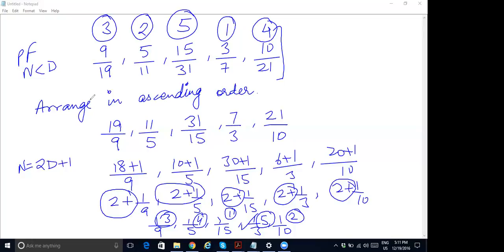So first you inverted them, then you saw the pattern, and then you rearranged them. Take the reciprocal; if it is a proper fraction, then we can take the reciprocal. Then we have to identify the pattern.